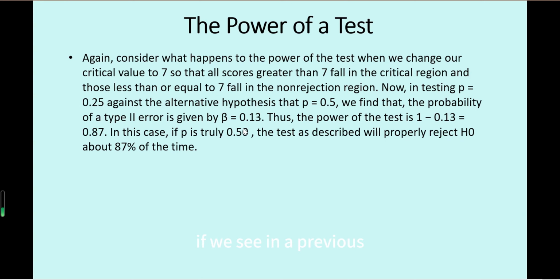In the previous example it was 0.25, so now beta is lower and the power is increased to 0.87. So when the true success rate is 0.50, with the critical value at 7, the test properly rejects H0 about 87% of the time. So the power is increased if we lower this critical value.